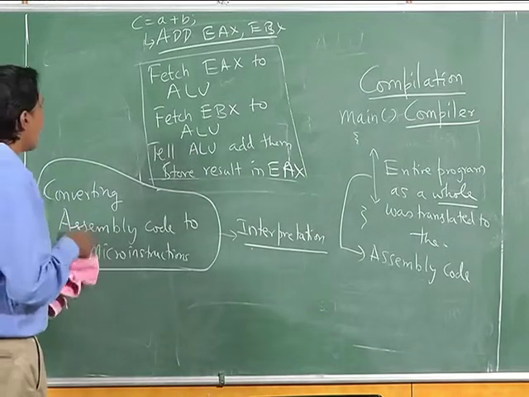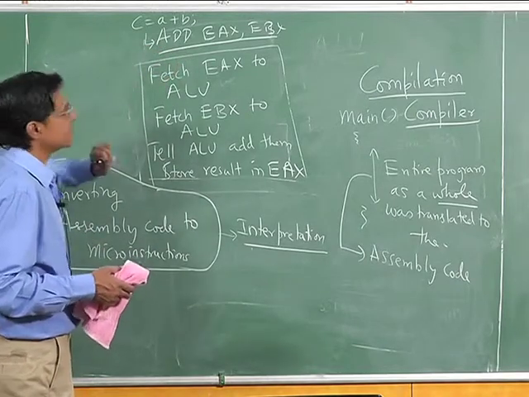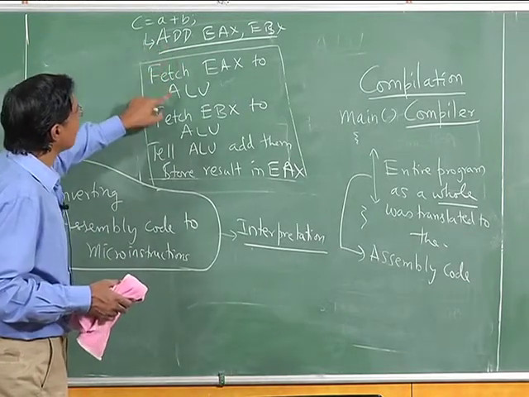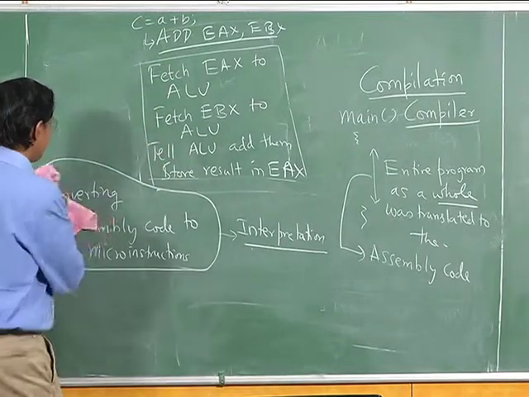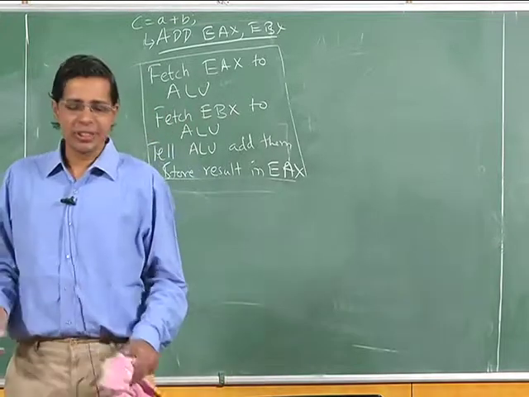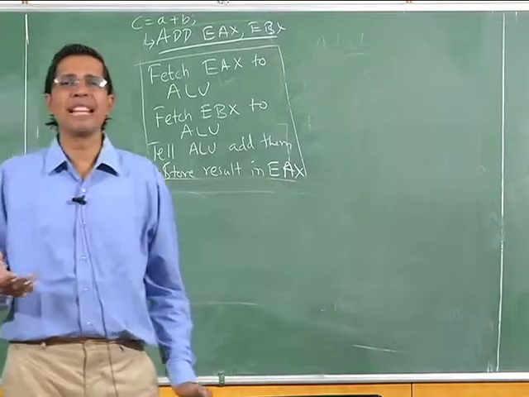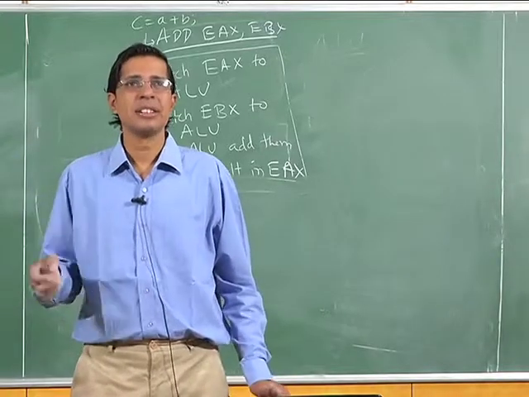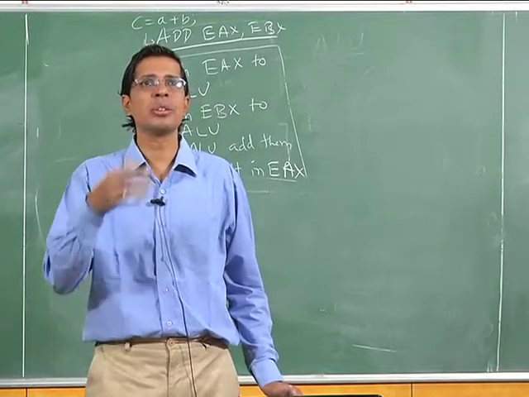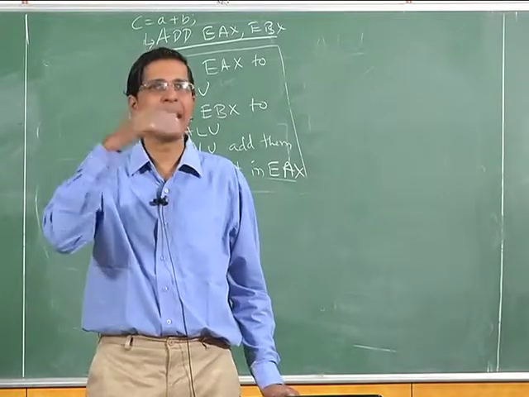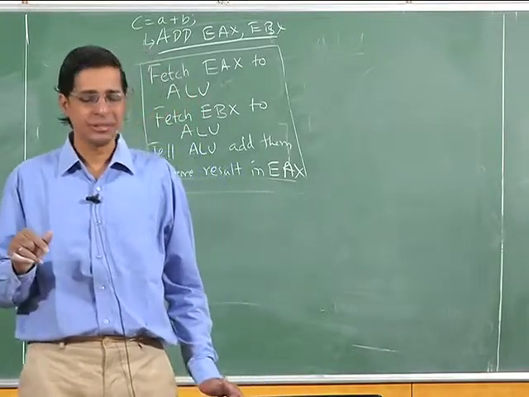Now what we will be studying is this interpretation, how this instruction gets translated into this micro instruction. As we have limited interaction, I am repeating every statement twice or thrice, so that if somebody did not understand, then there is a good chance that you all understand.